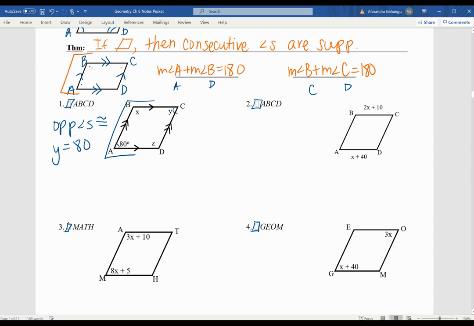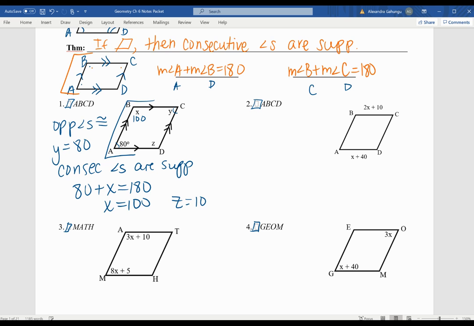We've got consecutive angles, angle A and angle B. So angle A plus angle B, those two should add up to 180 because our consecutive angles are supplementary. So 80 plus X is equal to 180. So X is 100 degrees. So we got that. And Z is directly across from X. So our opposite angles are congruent. So Z is also 100.